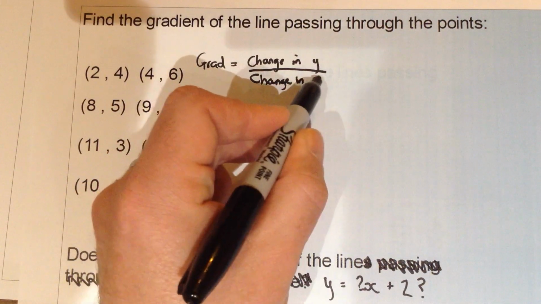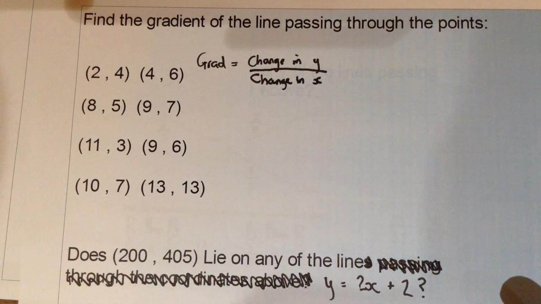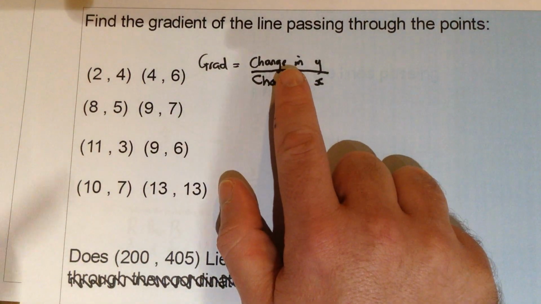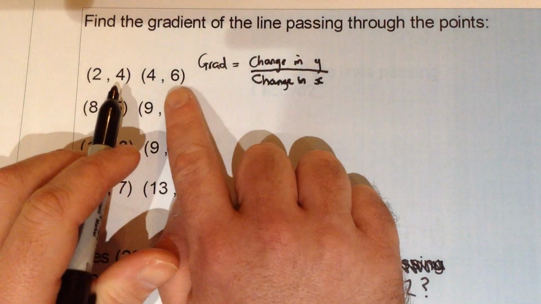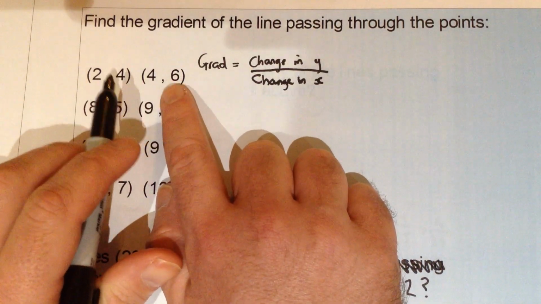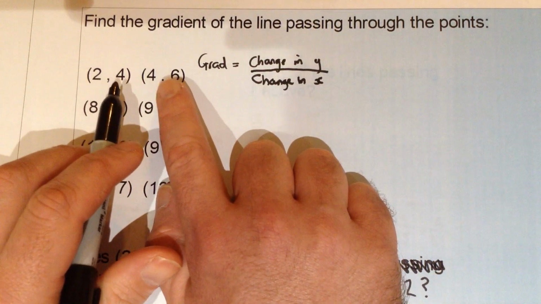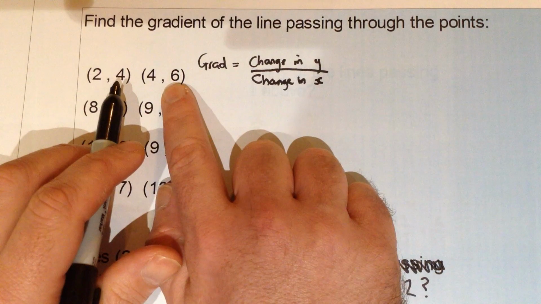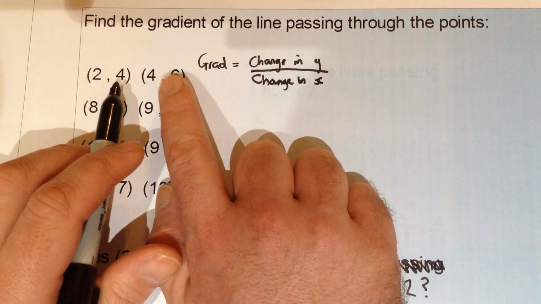So when I say the change in y and the change in x, this is the difference between the x coordinates and the difference between the y coordinates. So for change in y, remember, got to be y on top. The change in y is the difference between the two coordinates that are going to be on the y-axis. So in this case 4 and 6.